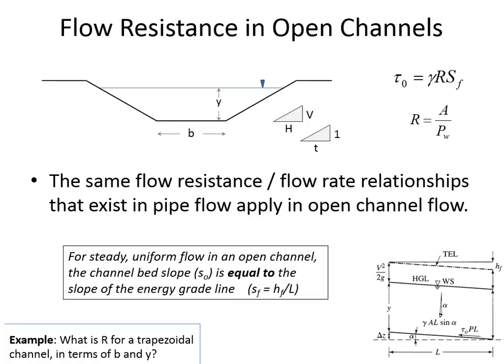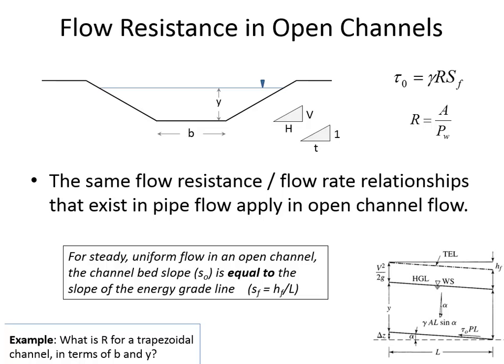So, as I mentioned, if you have steady, uniform flow, so remember, steady flow is where conditions aren't changing over time. That means that the flow rate and the flow velocity now are the same as the flow rate and the flow velocity in the future or in the past. Conditions are steady over time. Uniform flow means that conditions aren't changing with respect to position.